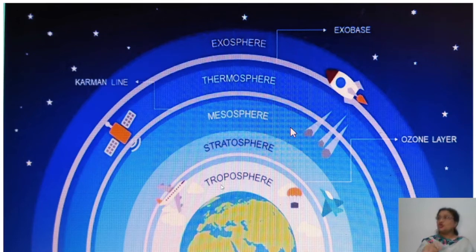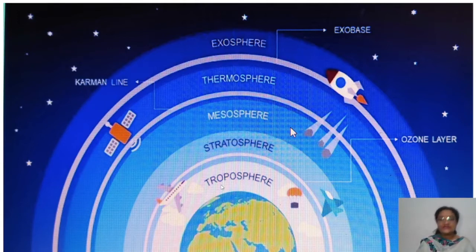So you can understand that this is the part in which maximum pollution also remains. The pollutants which are being released every time by the vehicles, by the industries and all the different sources are found maximum within this layer. So these are a few important features of troposphere.